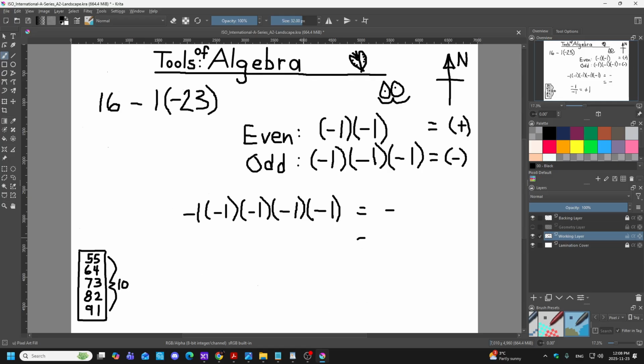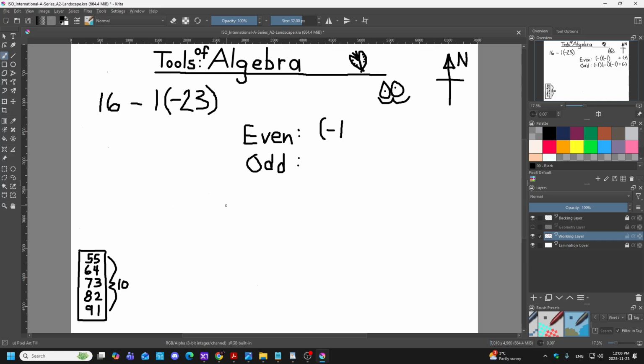This is multiplication and/or division. So remember these rules. You can count: oh, I'm multiplying two negatives, therefore my answer is going to be positive. Oh, I have 1, 2, 3 negatives being multiplied together, therefore my answer is going to be negative. I know this just from grinding lots of math. This is my experience I'm sharing with you.